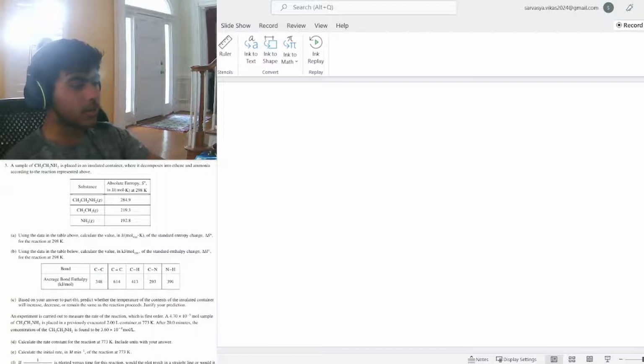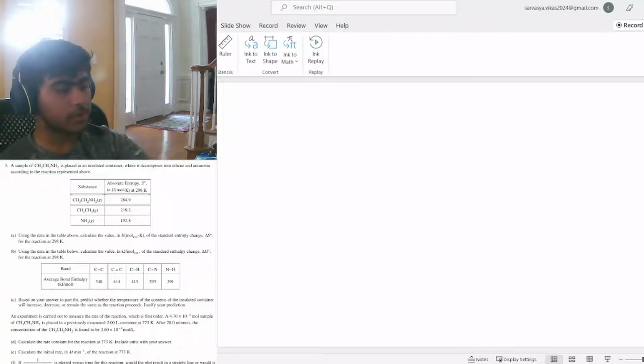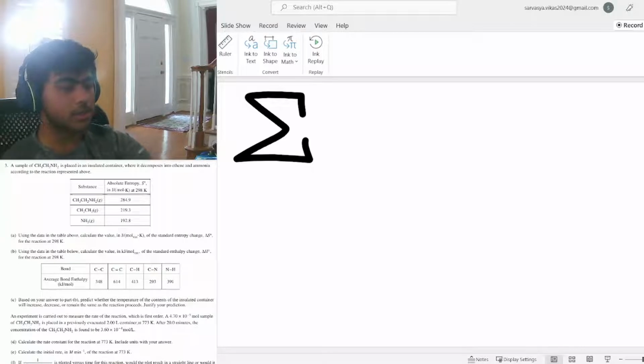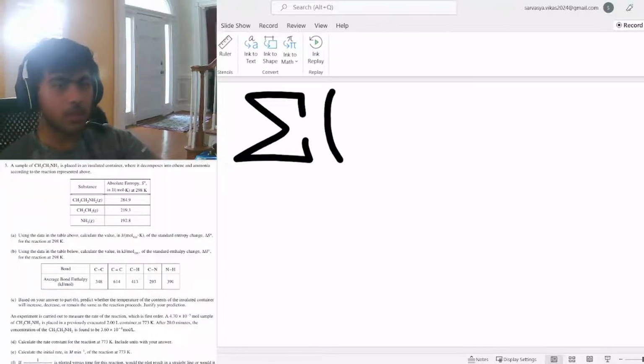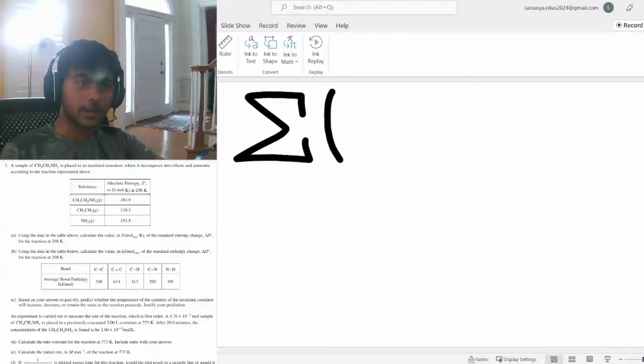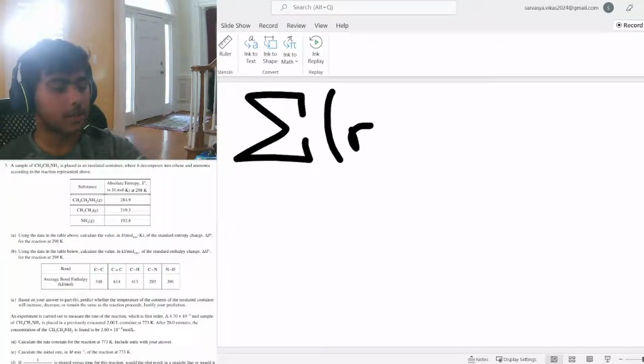So what we're going to do here is, the positive part of the enthalpy is going to be when energy has to be put in, which is when you're breaking the bonds, which is for the reactants. You break the bonds in the reactant.